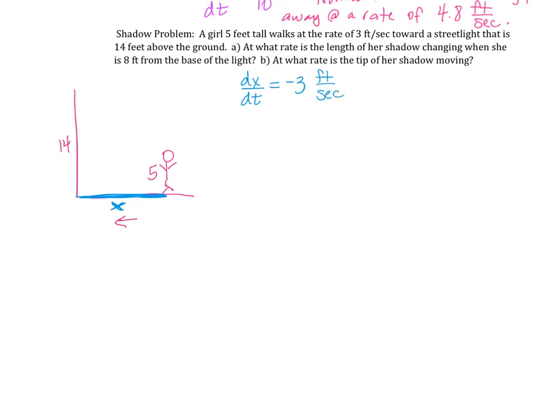Now, what does the question ask? At what rate is the length of her shadow changing? Well, guys, if this is the light right here, bing, where would her shadow be? Well, her shadow would be right here on the ground. This would be her shadow. The purple would be her shadow, and this is the length of her shadow.